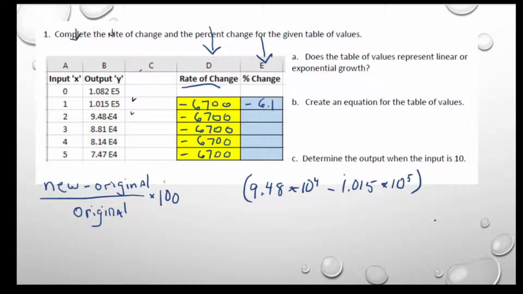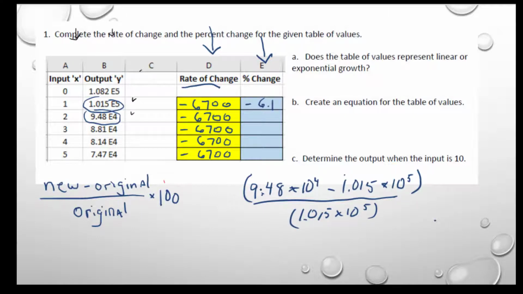So that's the new right here, minus the original, divided by the original, 1.015 times 10 to the fifth.